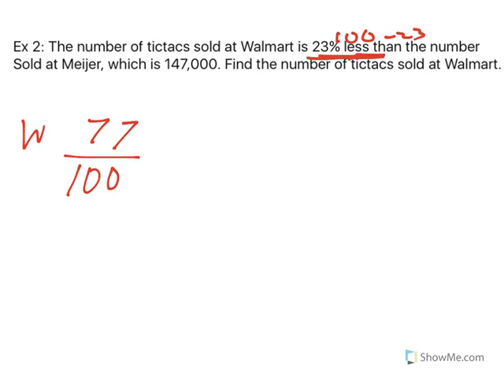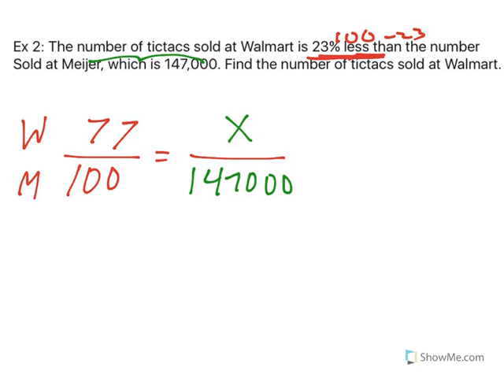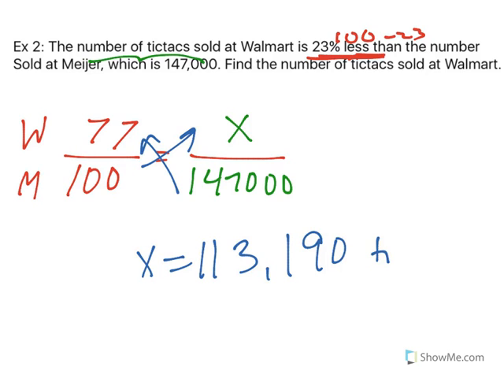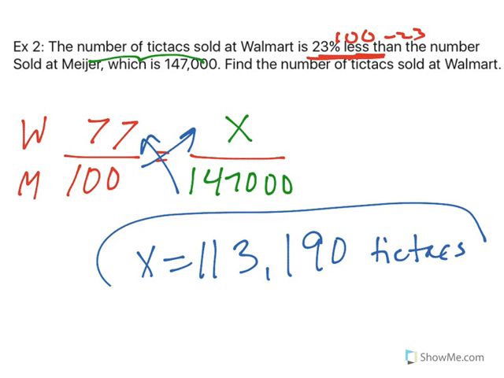Walmart is less. So Walmart's on the top, Meijer is on the bottom. When I go to my other spot, I see Meijer, that means Meijer is the 147,000. Once again, I cross multiply and divide, solving my proportion, and at Walmart it is 113,190 Tic Tacs.